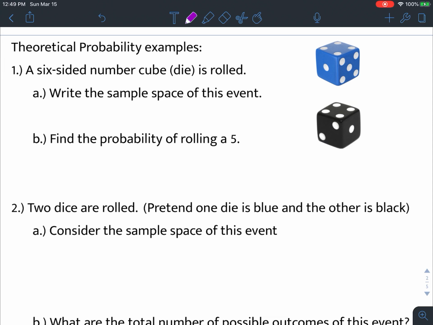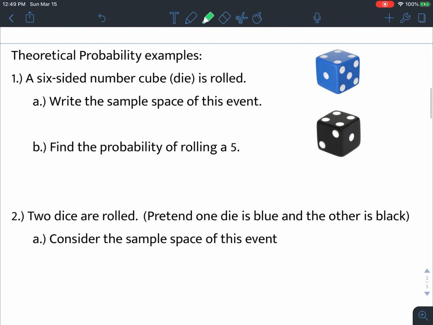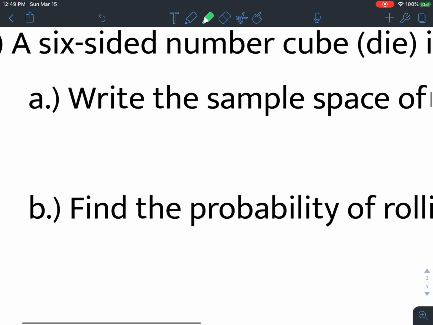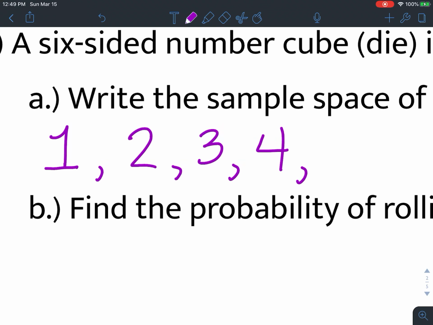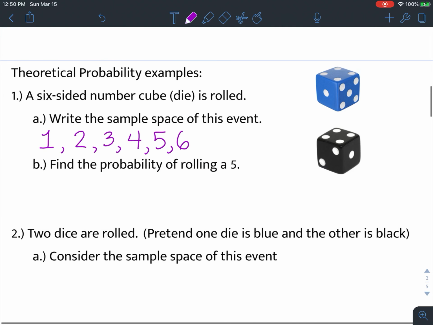A 6-sided number cube is rolled. That's called a die. As you see over here on the right, I have some pictures for you. Write the sample space of this event. Well, if we're only rolling one die, there are 6 things that could happen. I could roll a 1, a 2, a 3, a 4, a 5, or a 6.